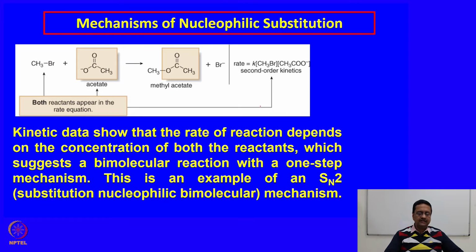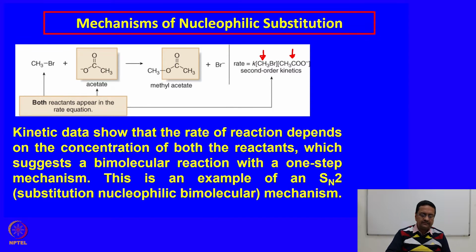So, when we are trying to understand these reactions, with any example, we first see how the reaction rate is determined. We try to determine the rate of those reactions by following the concentrations of the alkyl halide and the corresponding nucleophile.